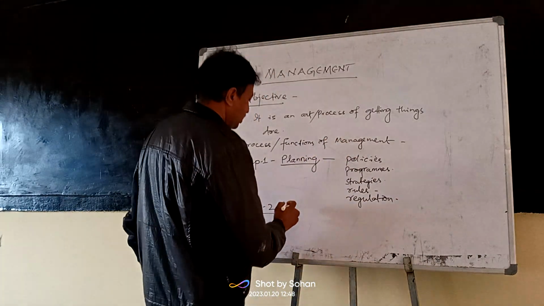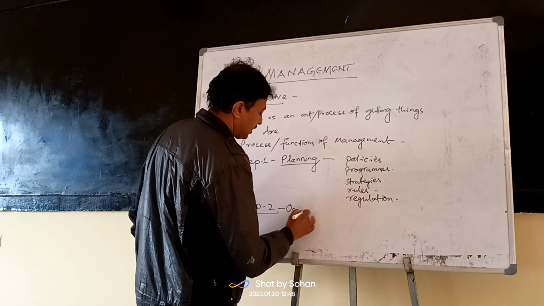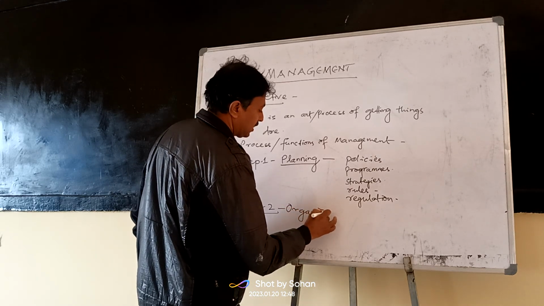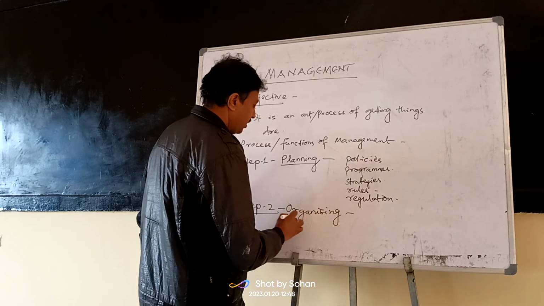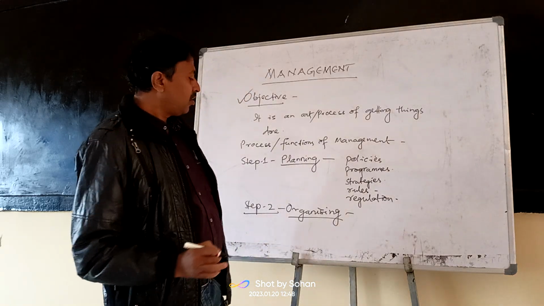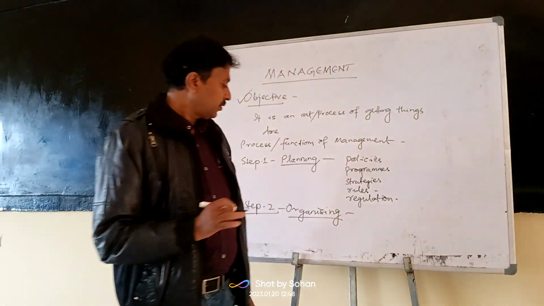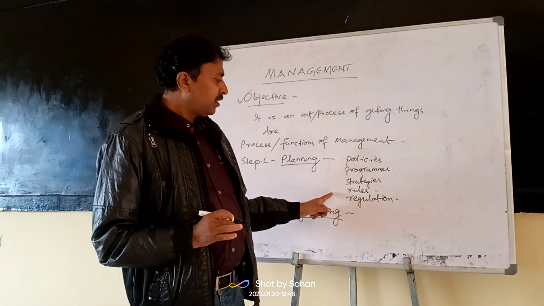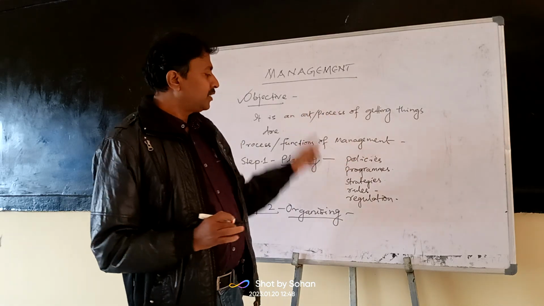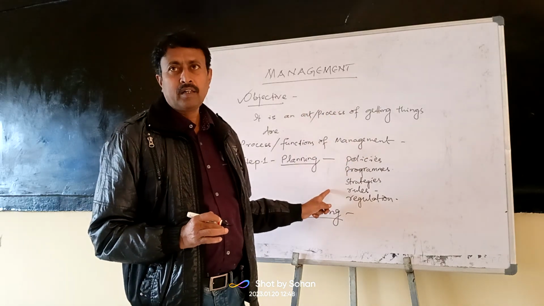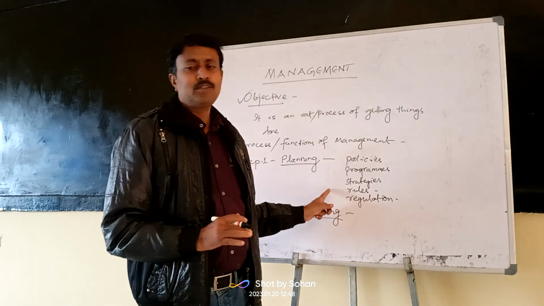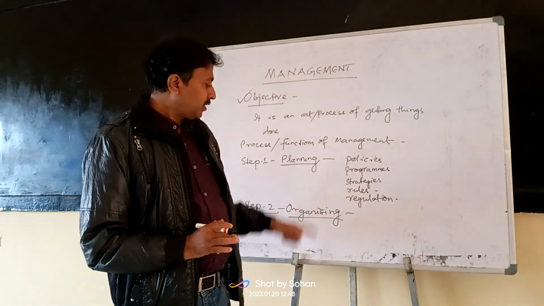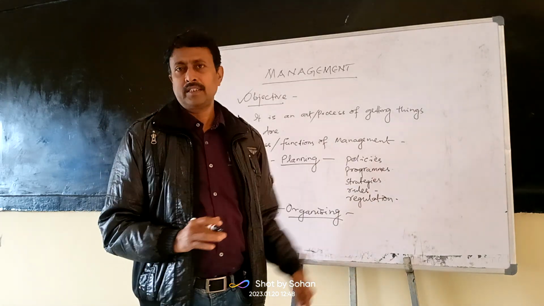Okay. Next is organizing. So what is organizing? First thing, in a plan, how to achieve the objective is determined, or a course of action is prescribed. Then we need resources.